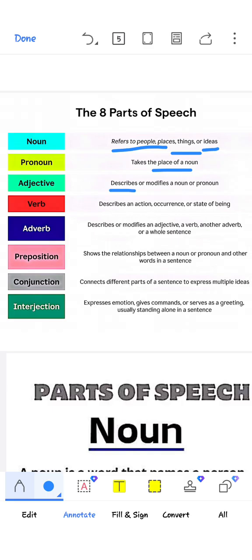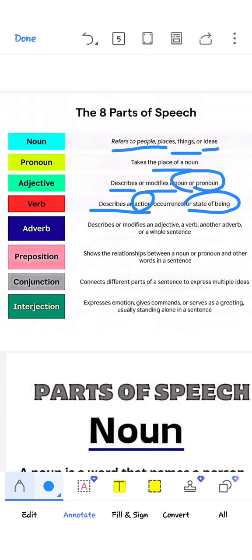Adjective. Adjective describes or modifies a noun or pronoun. Basically, it tells us about the quality of a noun or pronoun, or adds more information about a noun or pronoun. Verb. Verb is basically an action. Any action, occurrence or state of being is called a verb. Next is adverb.